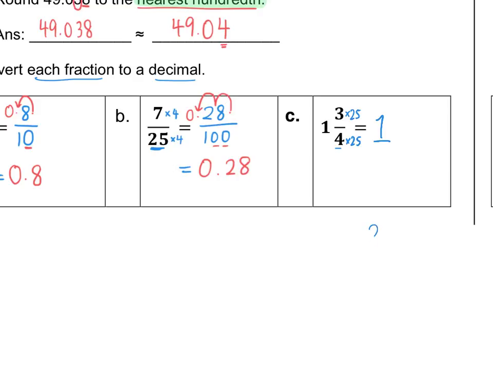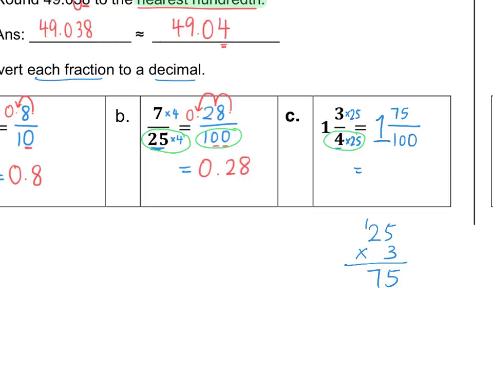3 times 25, let's work it out. 25 times 3, 5 times 3 is 15, 2 times 3 is 6 plus 1, 7. So you have 75 out of 4 times 25, similar to the previous question. You should be able to get 4 times 25 is 100.